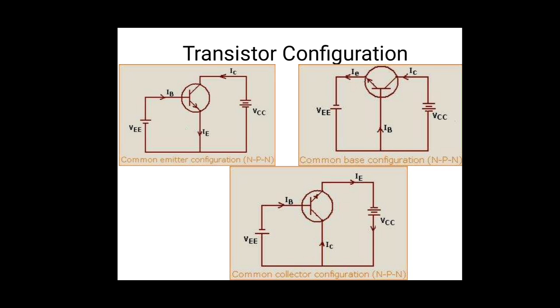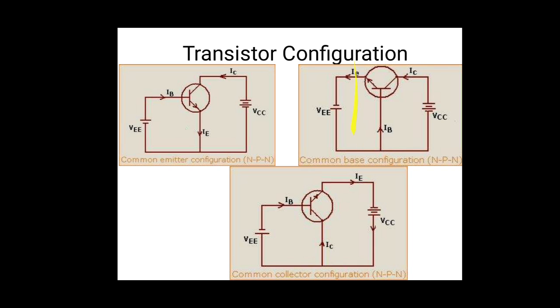Means we have to apply the input at base and emitter and we have to collect the output from collector and emitter. So in both input port and output port the emitter is a common terminal, and hence the name common emitter configuration. The same definition you can consider for common base. See here, there are two ports.